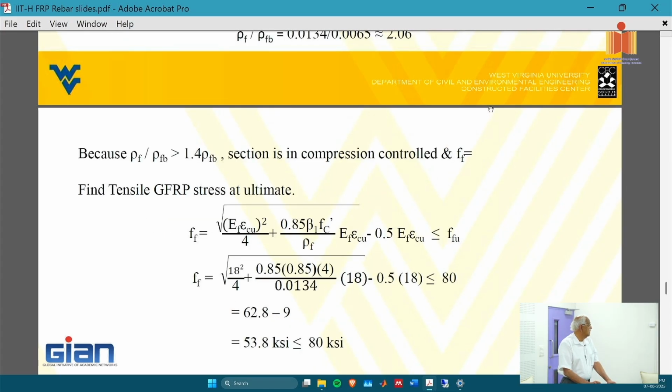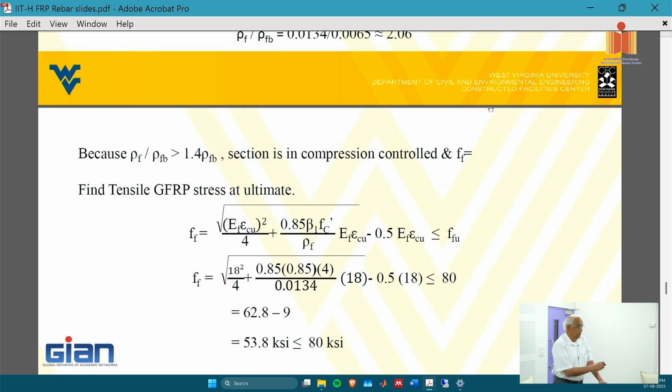More than 1.4. Right. So you can see the tensile stress in the FRP based on that standard equation we're talking about the whole day today. That turns out to be way below the rupture stress of the bar, which is 80 ksi.